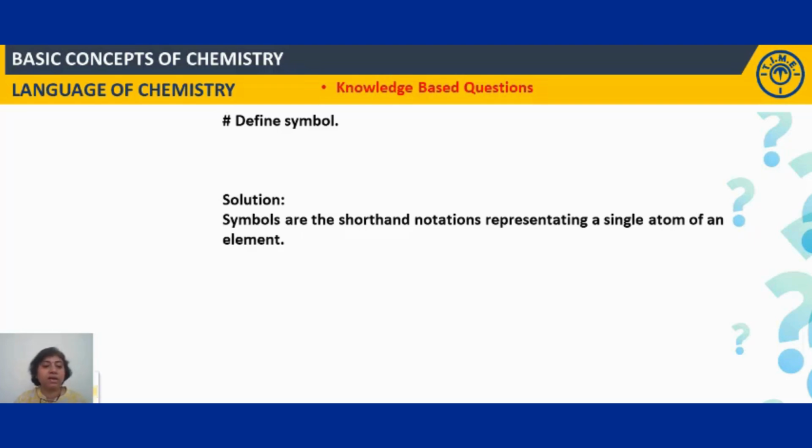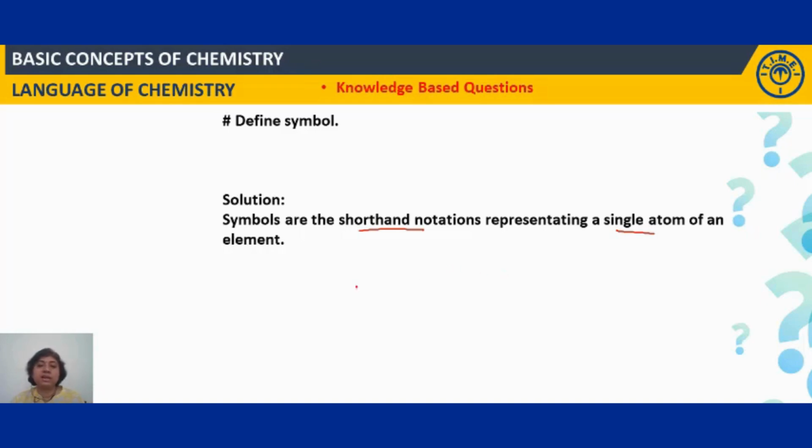Now for every definition there are some key points you must mention. If you forget to write that, your definition will not be complete. Shorthand notations and a single atom, both are very important aspects of this definition.